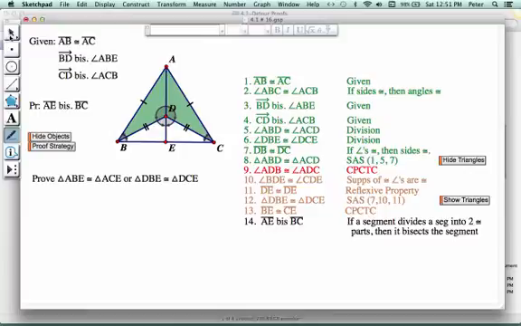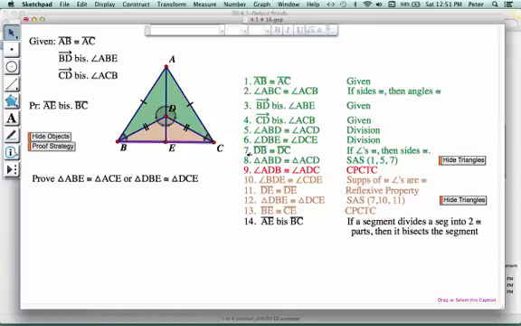So the beige triangles, DBE is congruent to triangle DCE by side angle side. Therefore, the side BE is congruent to the side CE by CPCTC. So therefore, AE does bisect BC.